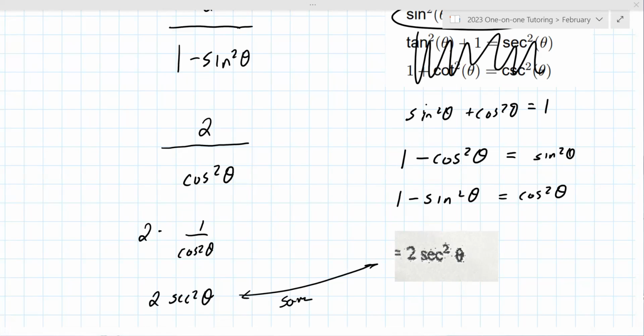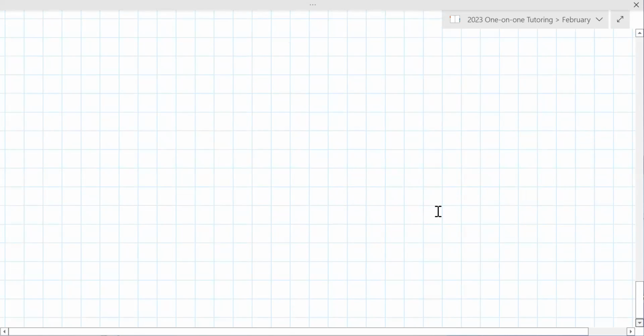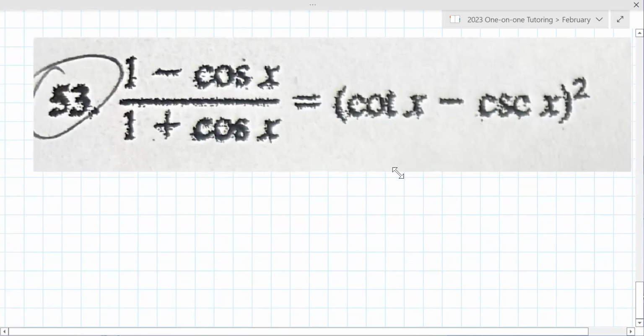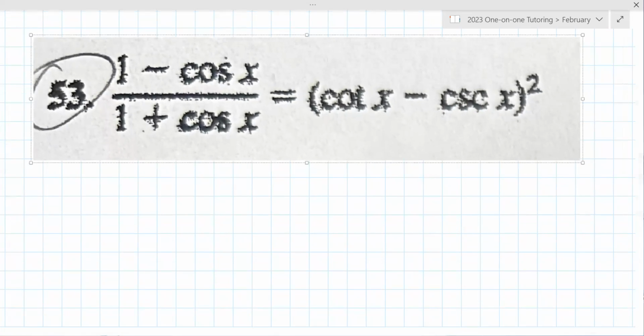Next. Okay. All right. Got 1 minus cosine x on the left, 1 plus cosine x on the bottom, equals cotangent x minus cosecant x, squared.